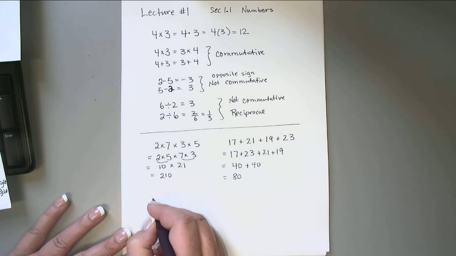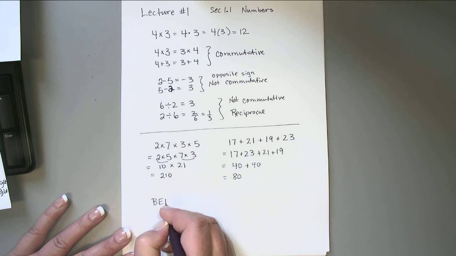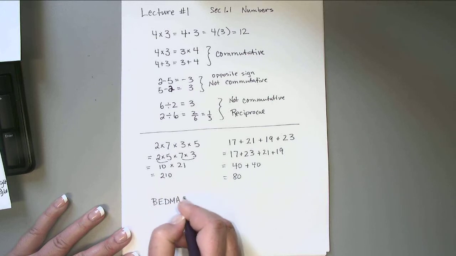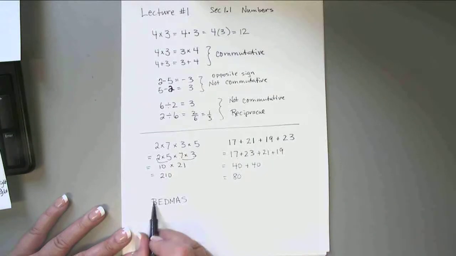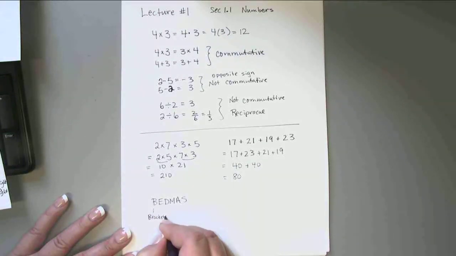So order of operations, whatever acronym you had. If you're French, you probably had a P here instead, for parentheses instead of brackets. But this is brackets, exponents.